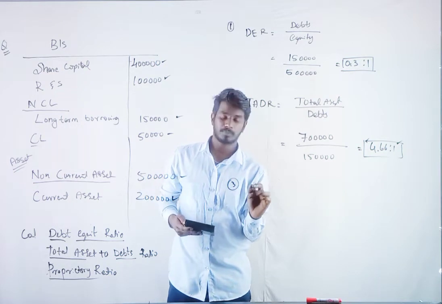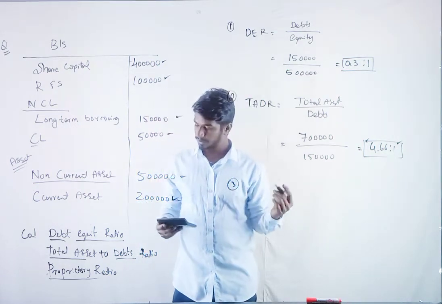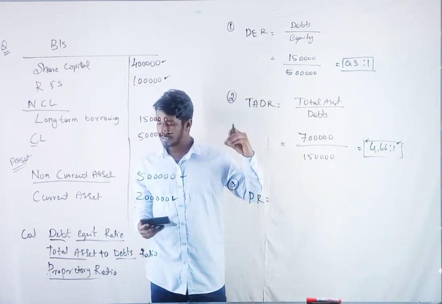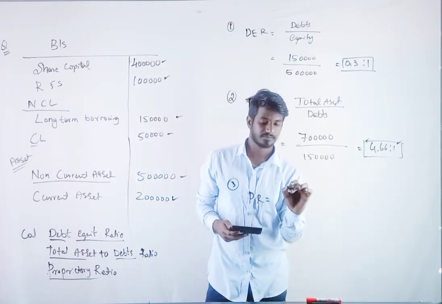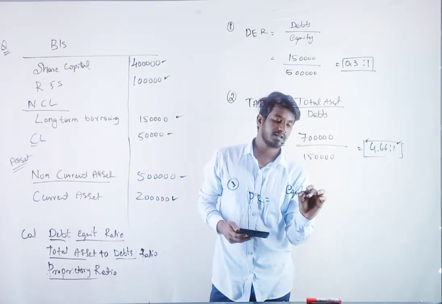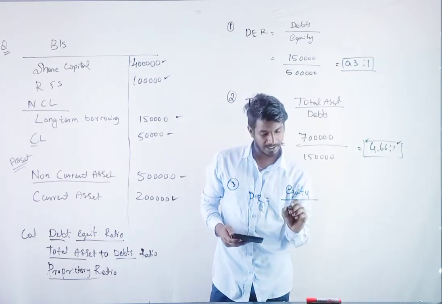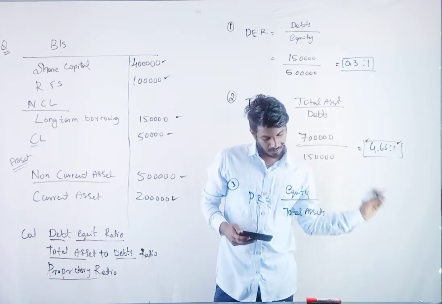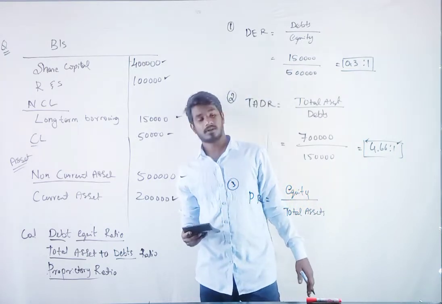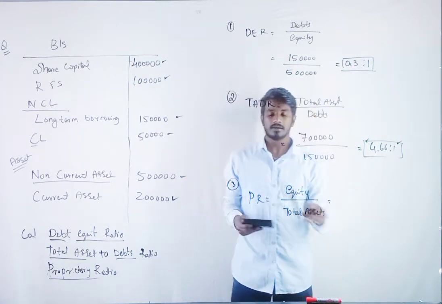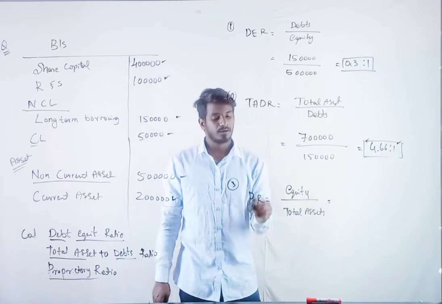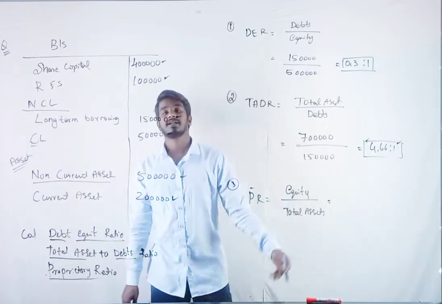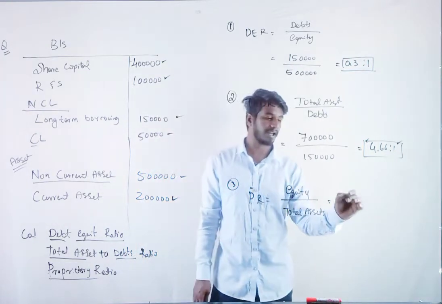Third one, proprietary ratio. What will be the formula? Proprietary ratio is equal to equity divided by total assets. How much equity we have? 5 lakh.